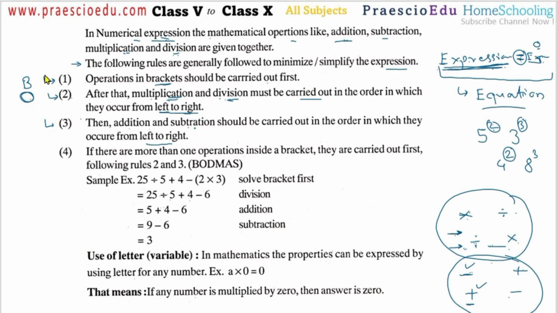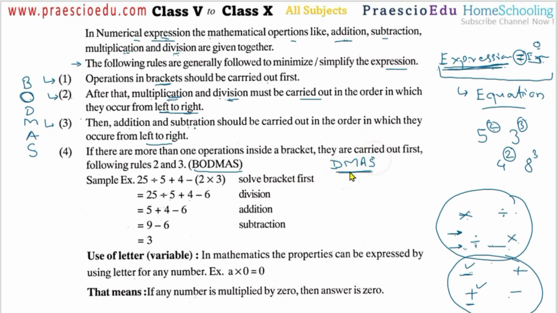So here we can say multiplication or division, so D stands for division, M for multiplication. After this, A for addition and S for subtraction, which means BODMAS. Sometimes when bracket and orders are not considered, we can say DMAS.